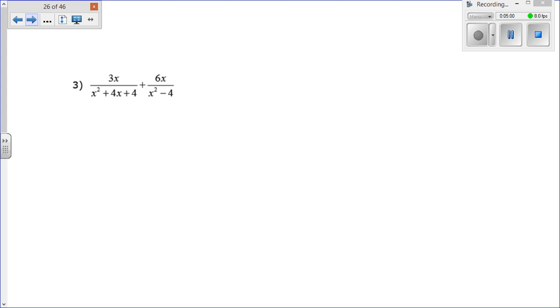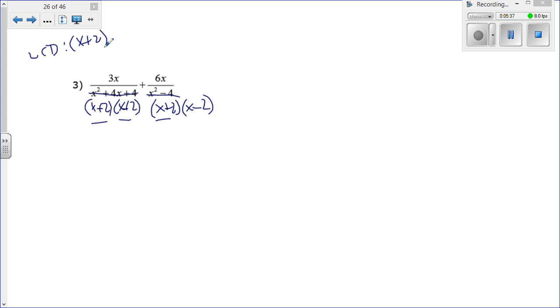Alright, for number 3, we have to look at both denominators, and they must both be factored. This one is x plus 2 and x plus 2. This one is x plus 2, x minus 2. So my LCD, in that first fraction, I have 2 x plus 2's. And in this fraction, I only have 1. So we have 1 x plus 2 in common. But the problem is, I still have a second one right here.